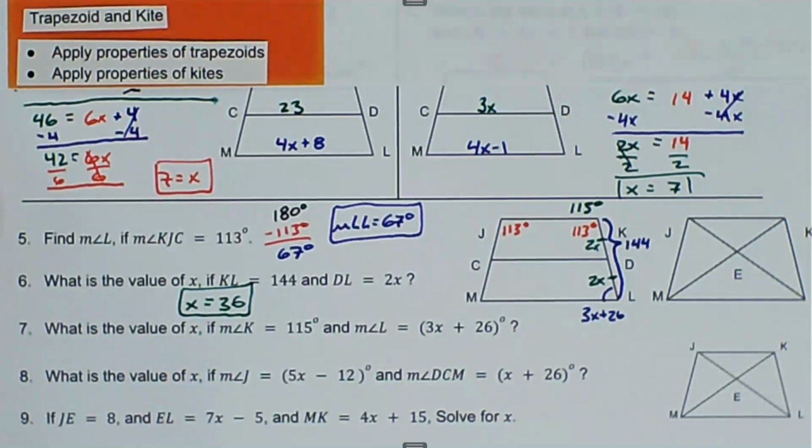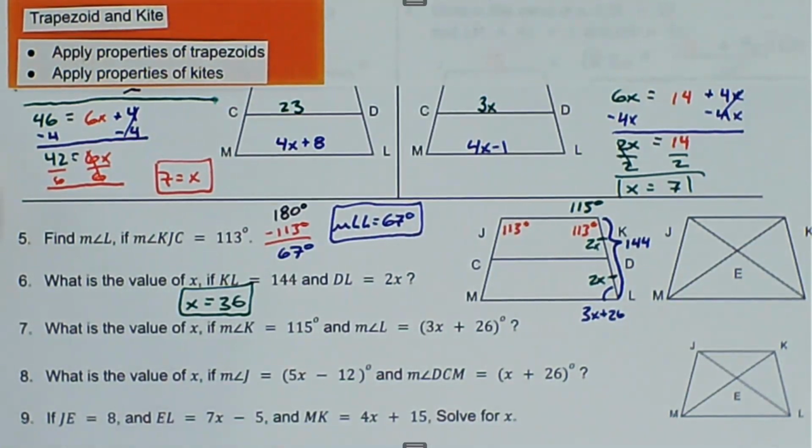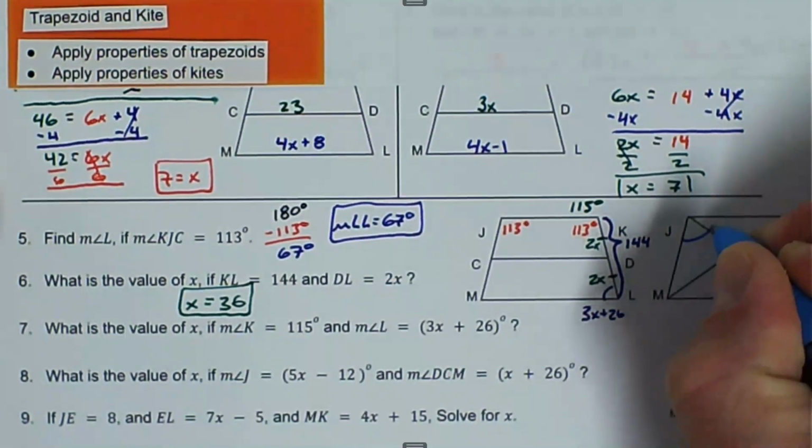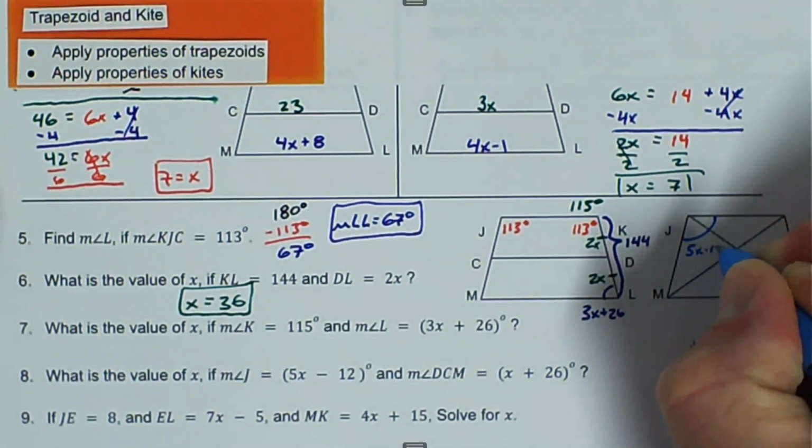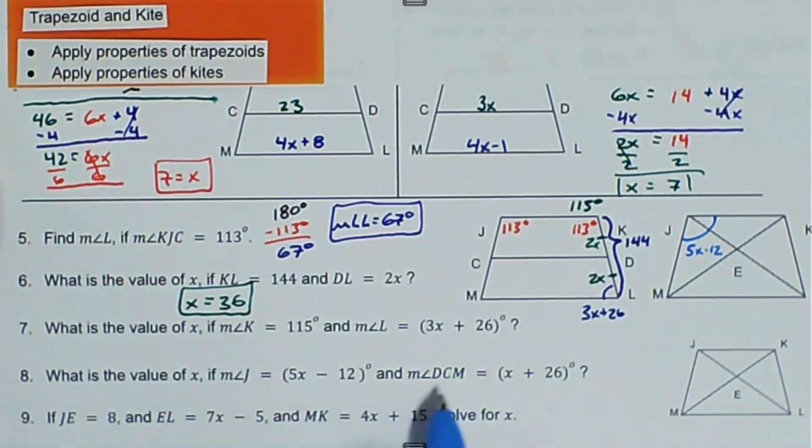The next one we have is number 8. It says, what is the value of x if the measure of angle J is 5x minus 12? So J is 5x minus 12, and the measure of angle DCM.